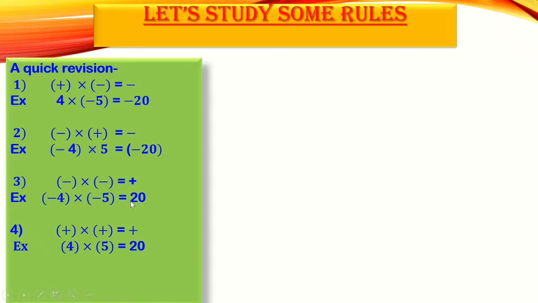And you know it very well that we don't show the plus sign. We don't mention it in the answer or with the number. And this is very easy. We are doing this since class 1, I guess, when you started learning the tables, that 4 into 5 gives you 20. Right? So this we already know. So when we are multiplying numbers having different signs, we need to keep the sign also in mind.